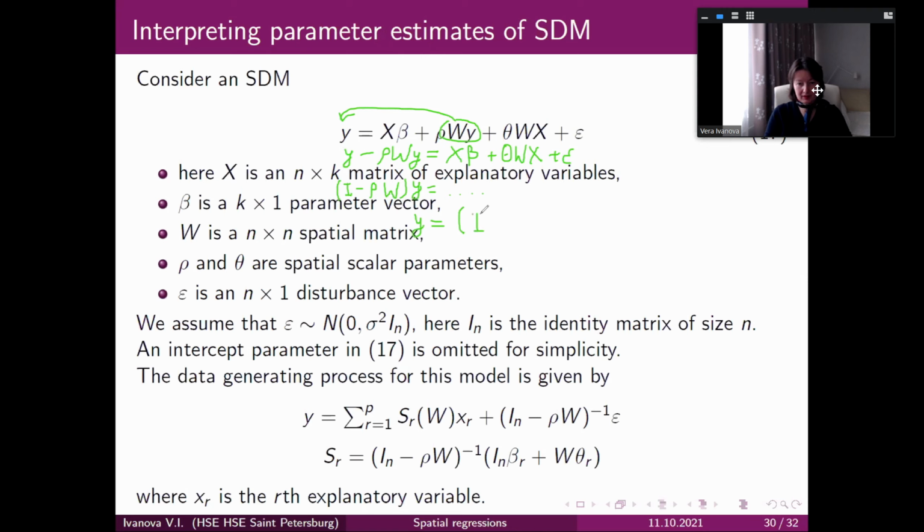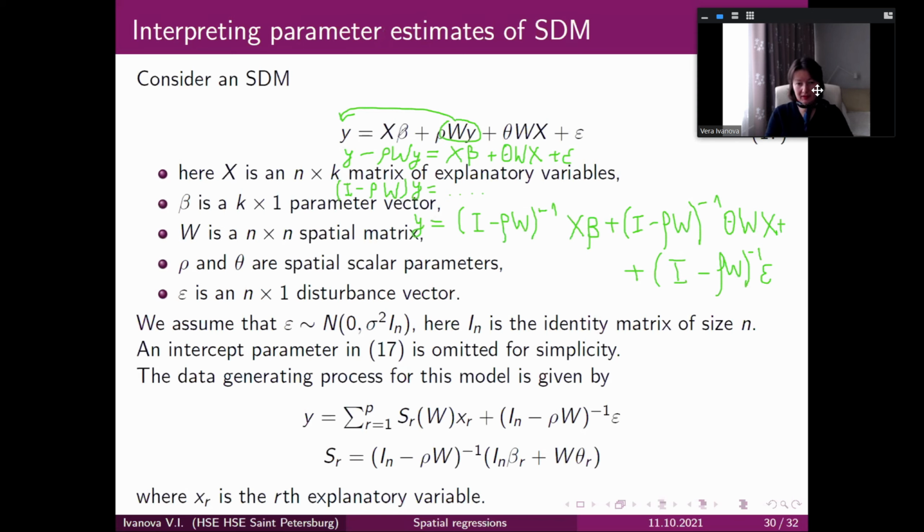That is, I minus rho W inverse matrix multiplied by X beta plus I minus rho W to the power of minus 1 theta WX plus I minus rho W to the power of minus 1 epsilon.